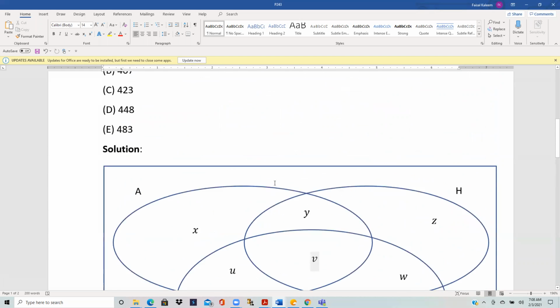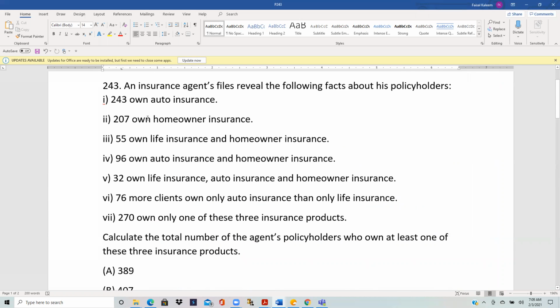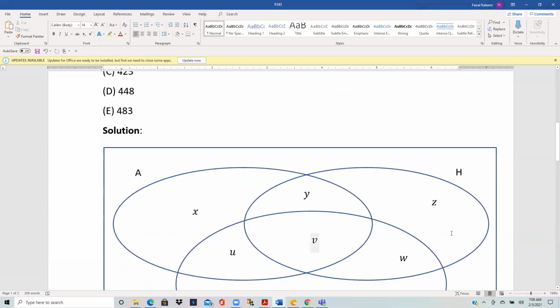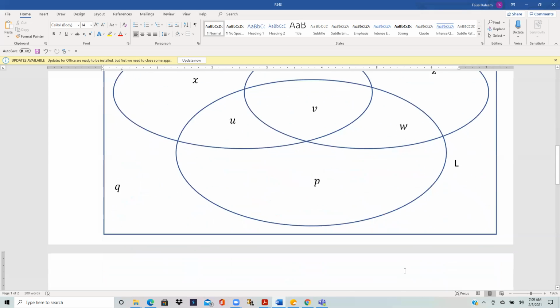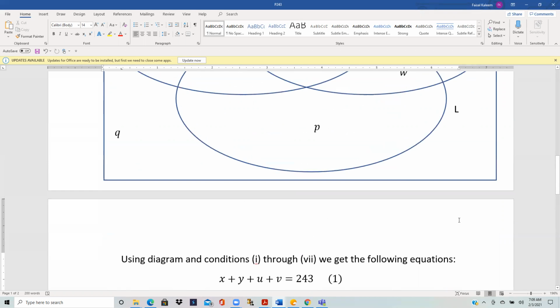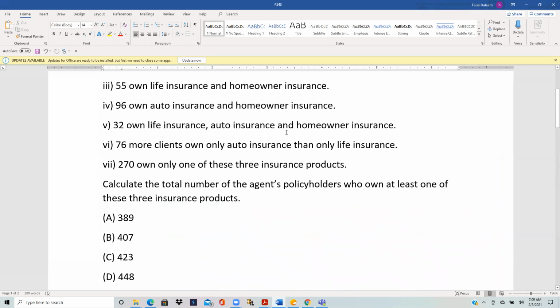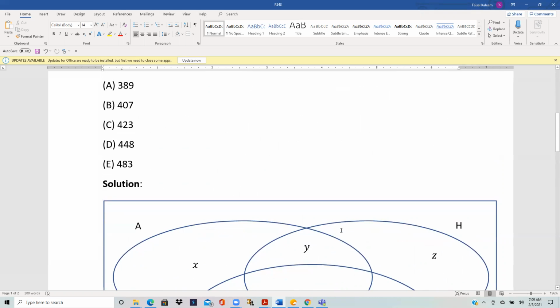And then we are given that 207 have homeowners. That's the second condition. So 207 for homeowners, and homeowners are Y, Z, V, and W. So that's 207, Y, Z, V, and W. And then the third condition is that 55 have life insurance and homeowner insurance.